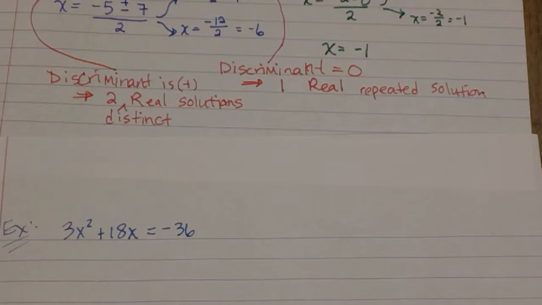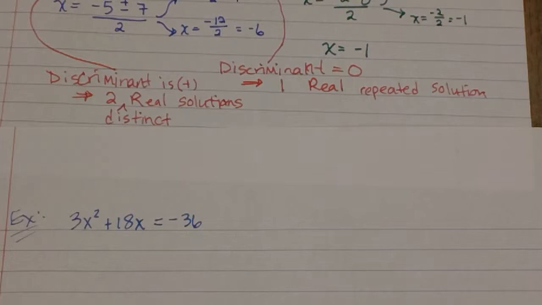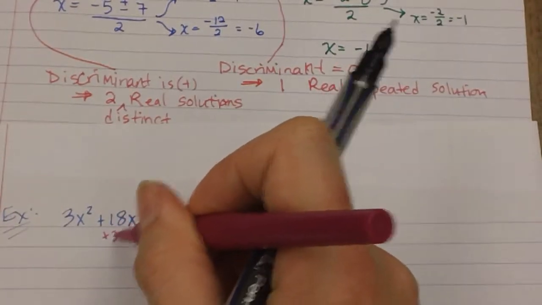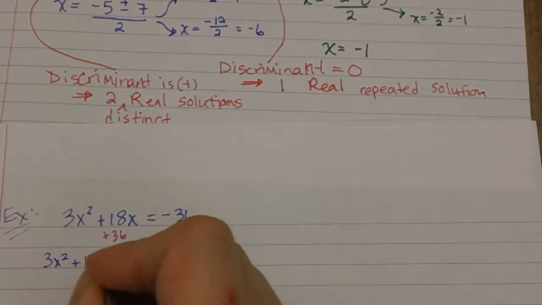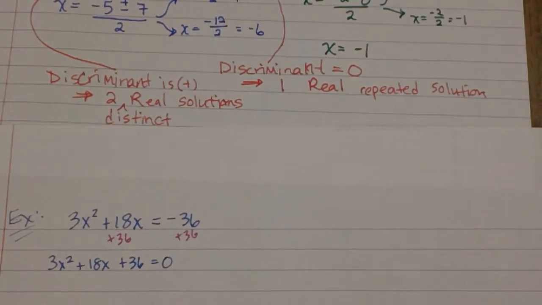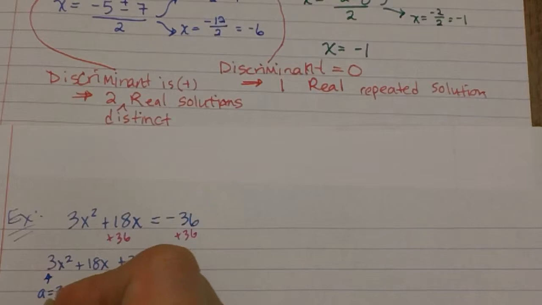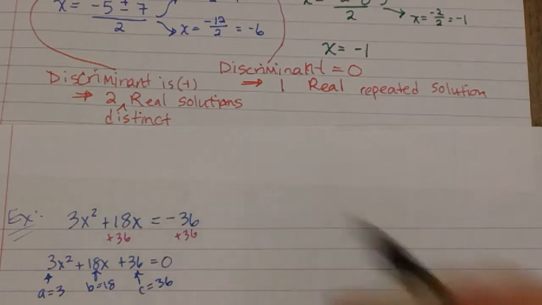The first thing you should notice is that this quadratic equation is not in standard form. We need to move that negative 36 over to the other side so that we have it in standard form. 3x squared plus 18x plus 36 equals 0. And then we're using a is 3, b is 18, c is 36.